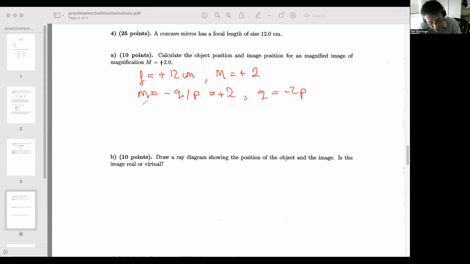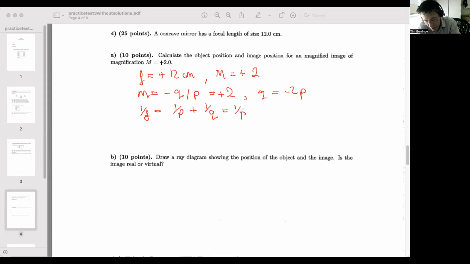We can now go to the mirror equation, which says that the inverse of the focal length is the sum of the inverses of the object and image positions. And we can plug in this relationship between the image and object positions.